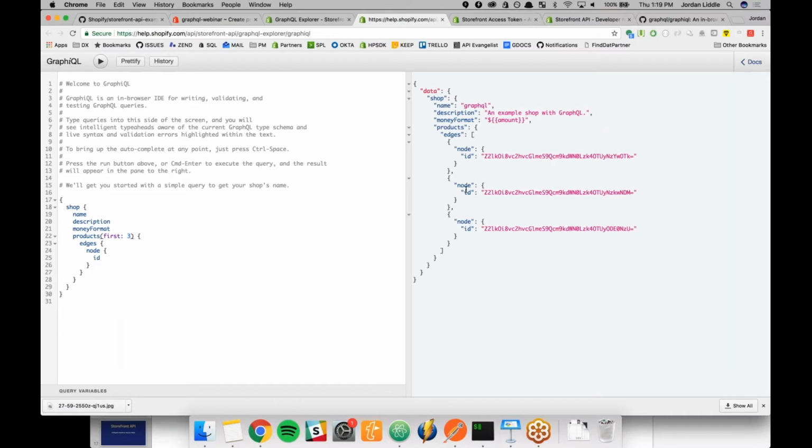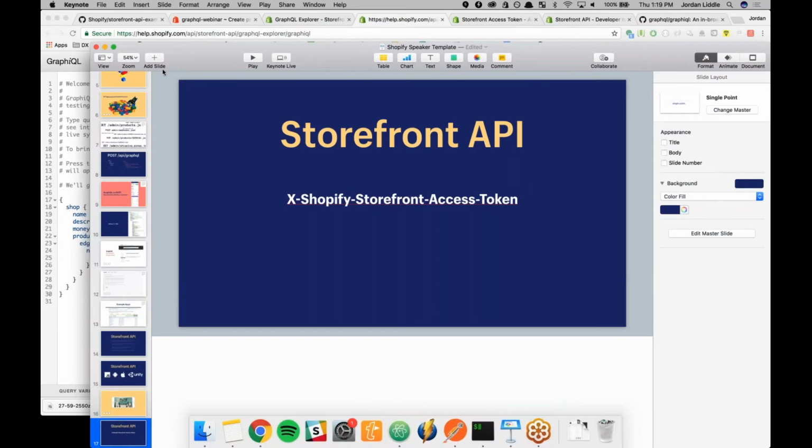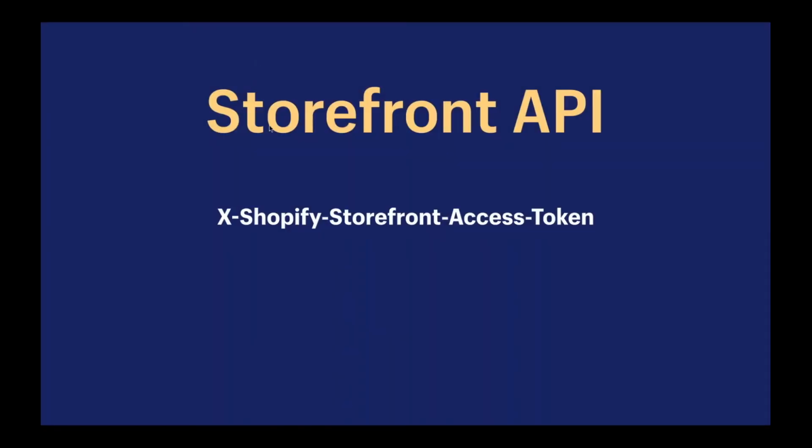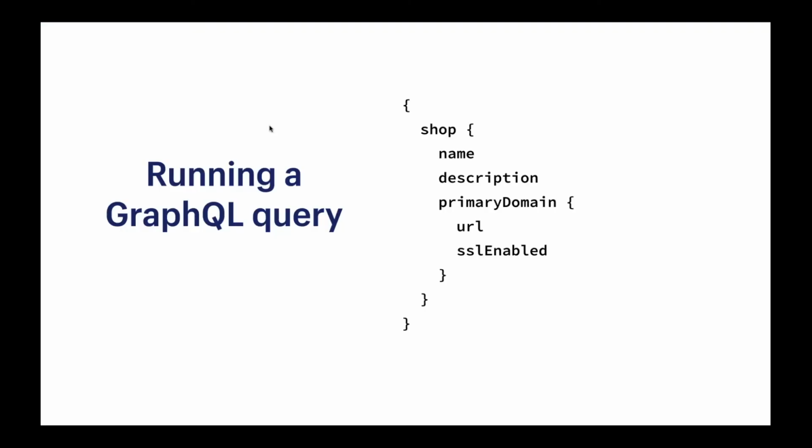So you may have noticed those weird terms like edges and node. Now, this has to do with pagination and also something called GraphQL connections. So let's take a moment to chat about that. So we know that a shop can have thousands of products, sometimes hundreds of thousands of products.